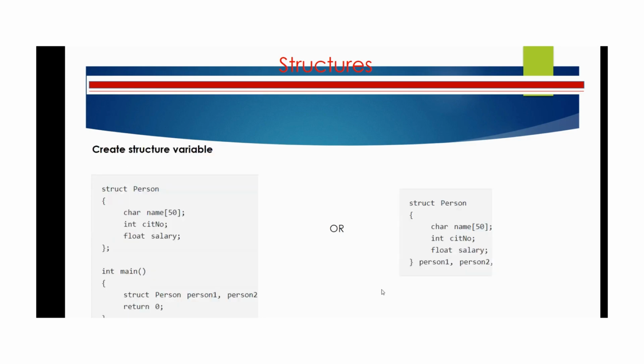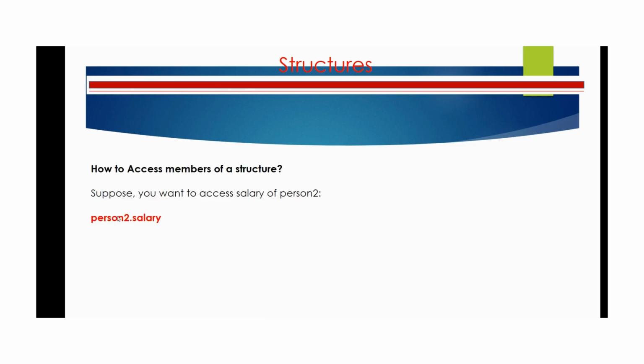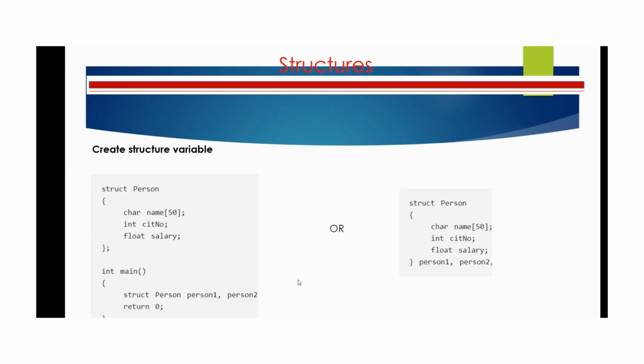Now, here is how we will access, for example, the name of person1 or the salary of person2. The first thing we have to write is person2 dot salary, because here we have two variables. Person1 has salary, person2 has salary with the same name. So to make the difference between the salary of person1 and person2, we first call person1 and after that dot salary, or call person2 and do dot salary.